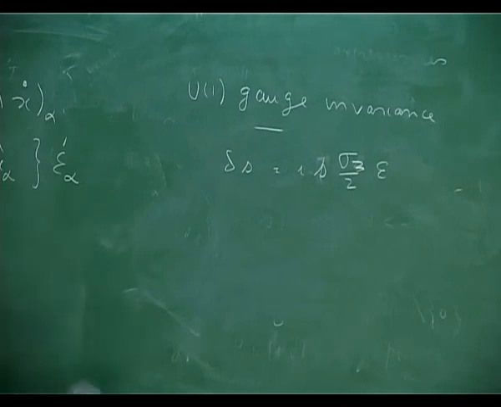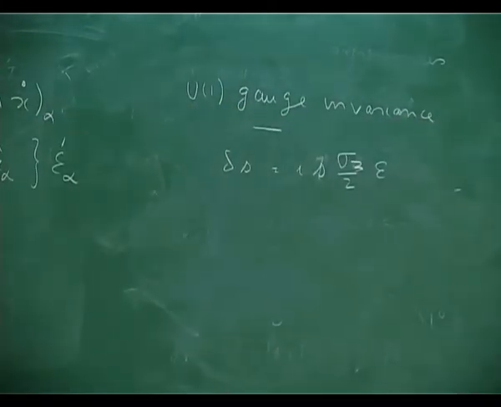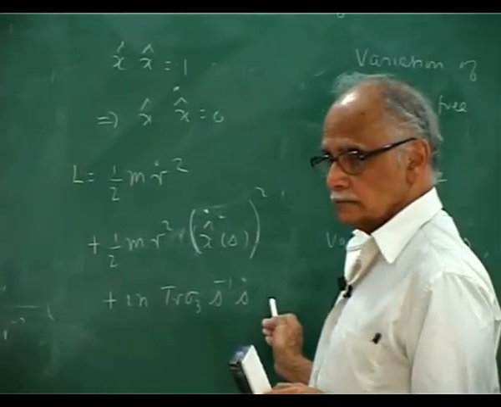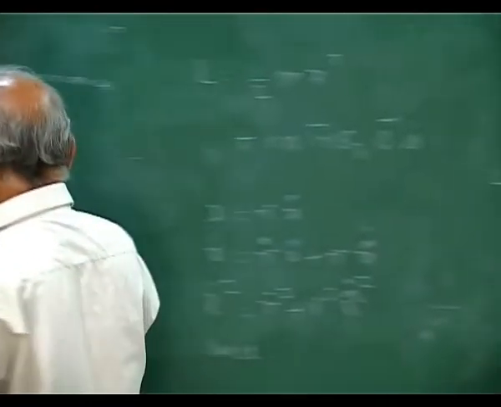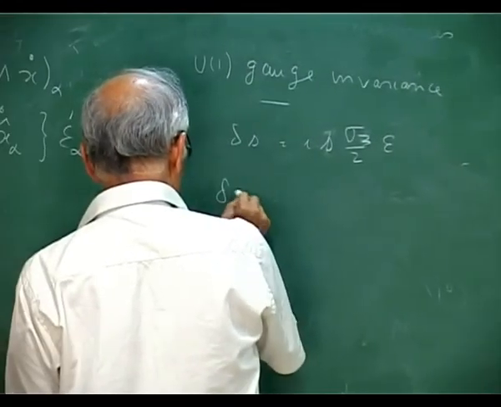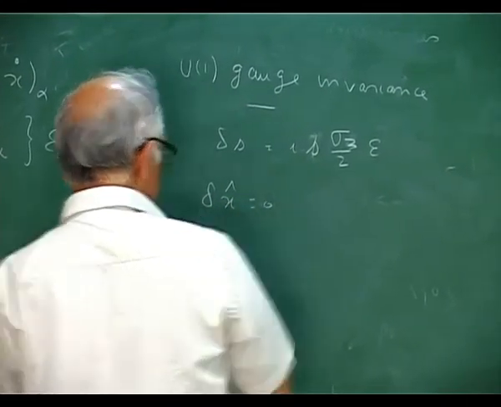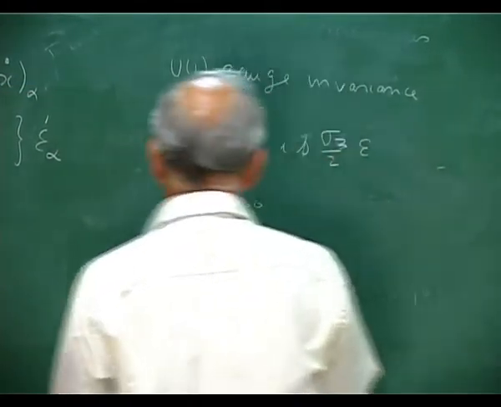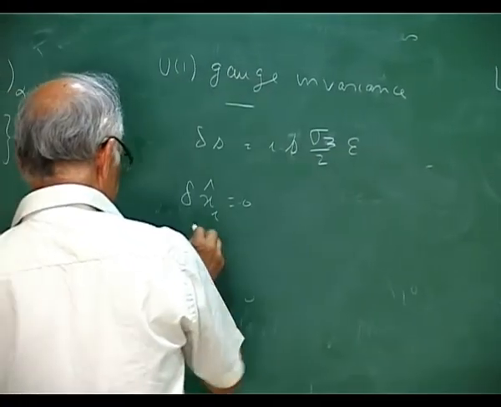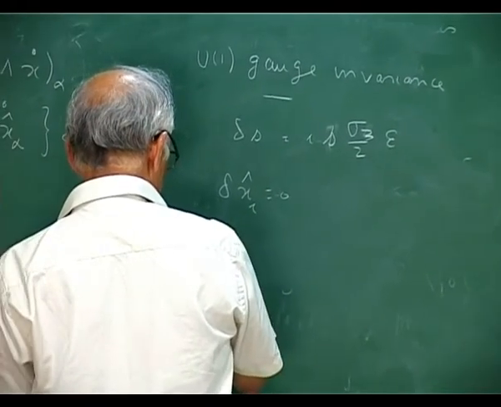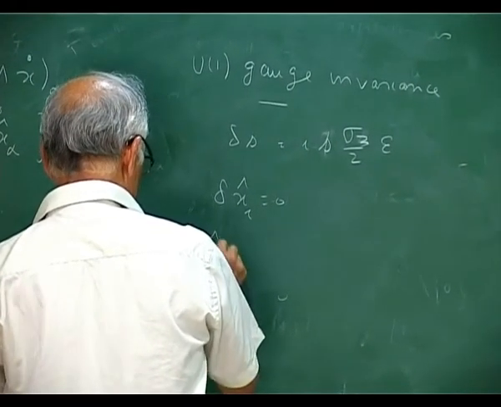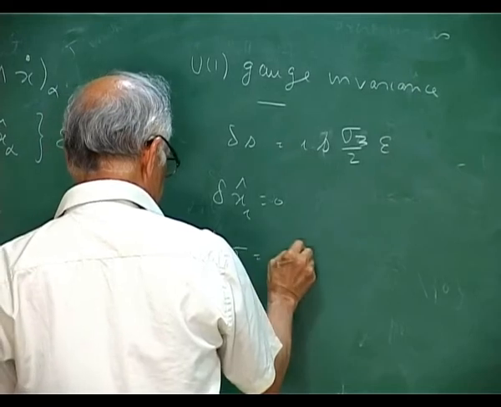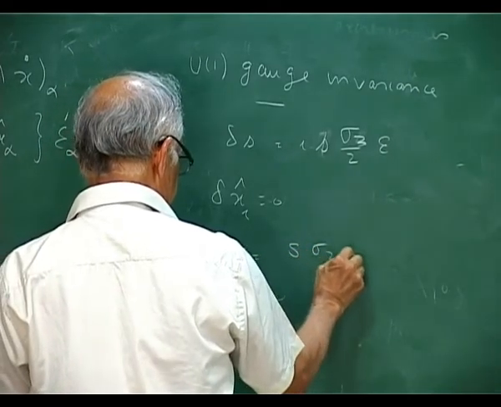I am taking this extra term and changing it on the other side. Delta x will be 0, because x hat was the conjugate; you remember that x hat dot sigma was S sigma 3 S inverse.